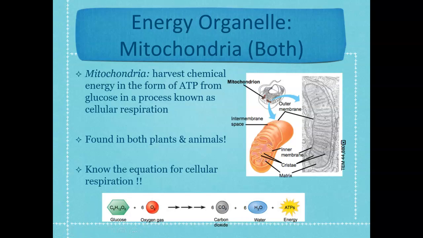And so your only option then is to eat other organisms to get your glucose. You breathe in your oxygen, and then you give off carbon dioxide, water, and a bunch of ATP. They do that through the process of cellular respiration. Plants do this too, but they're making their own glucose to start with. Autotrophs get to make this themselves. Heterotrophs have to get it from their environment or from their diet.